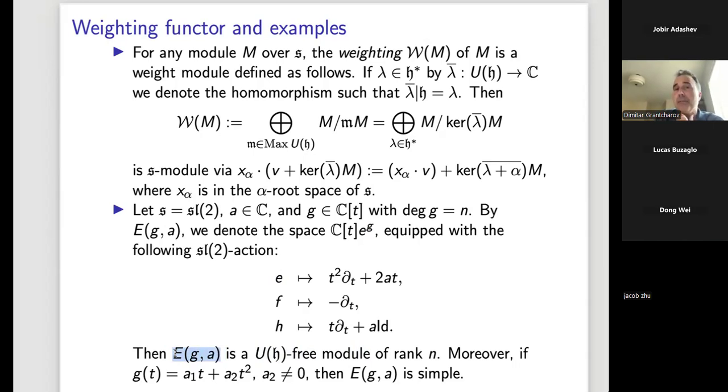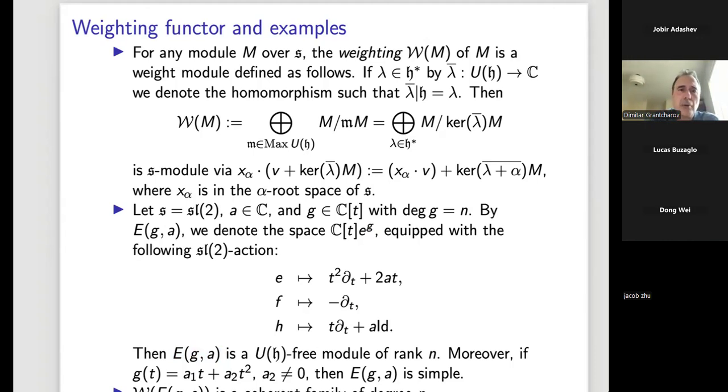So this is how kind of the theory comes in the very simple case of SL2. We have some natural open questions, and now I see that the last line of the slide is not probably visible.